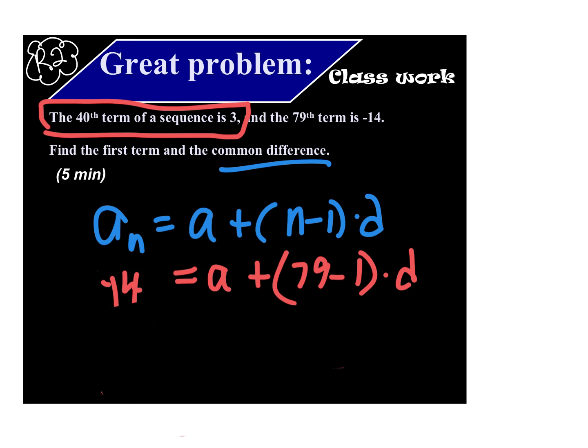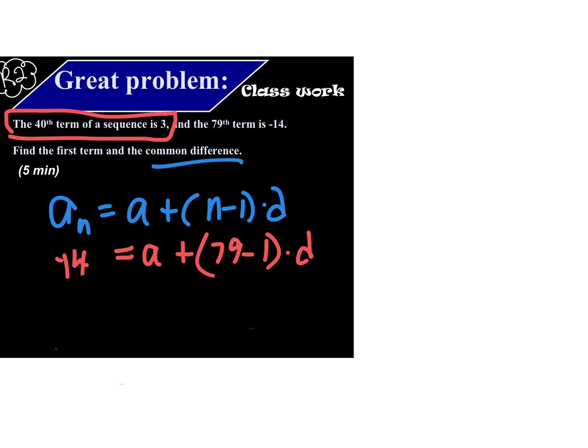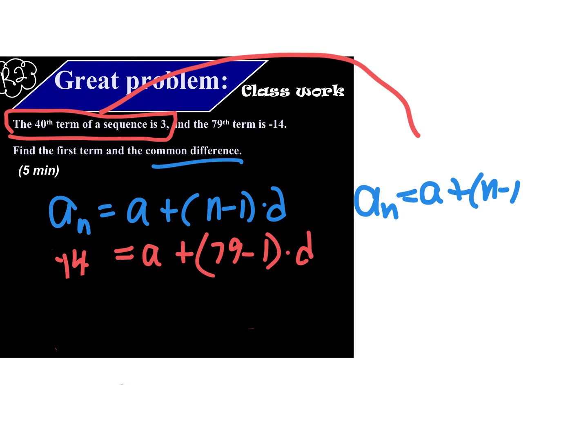Okay, so now we got to write the other equation, and that's the whole 40th term is 3. So let's write an equation for that. I'm going to write the base equation here. Always come back to that. And then I'm going to stick numbers underneath that.